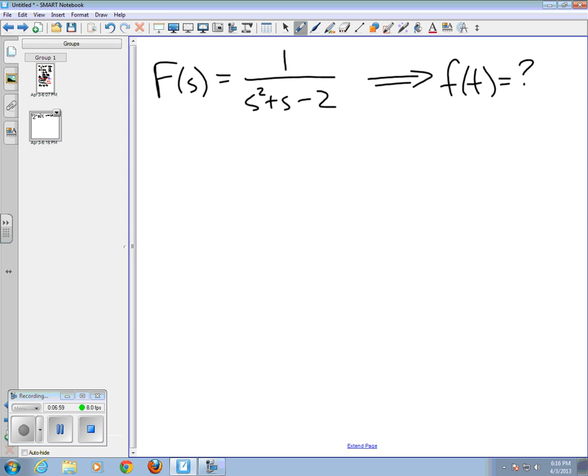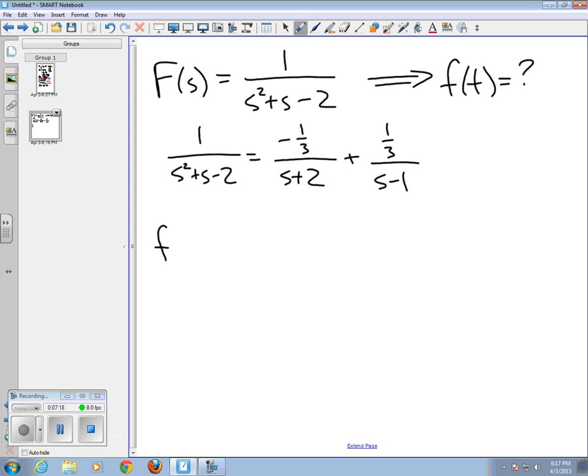What we found is that 1 over s squared plus s minus 2 was equal to -1/3 over s plus 2 plus 1/3 over s minus 1. So little f of t is the inverse Laplace transform of capital F of s.